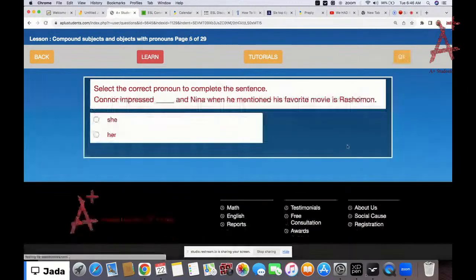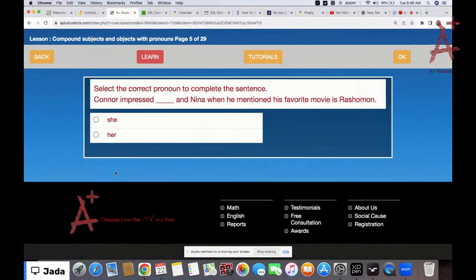So next one: Impressed Nina when he mentioned his favorite movie in Russian. She or her? So what's going to be the suitable answer here? Is it going to be "her"?